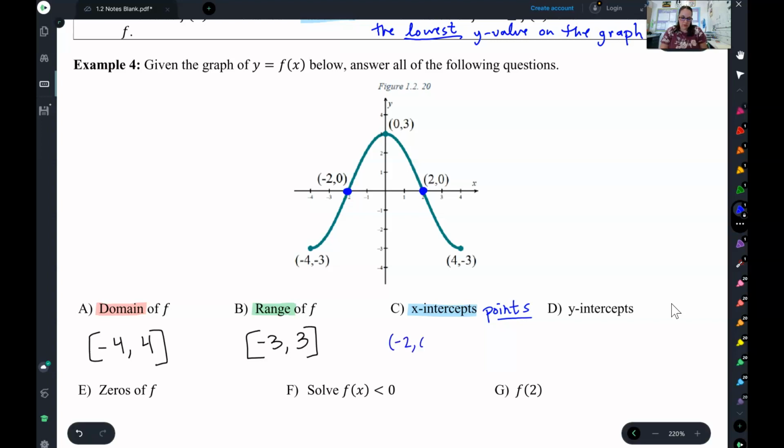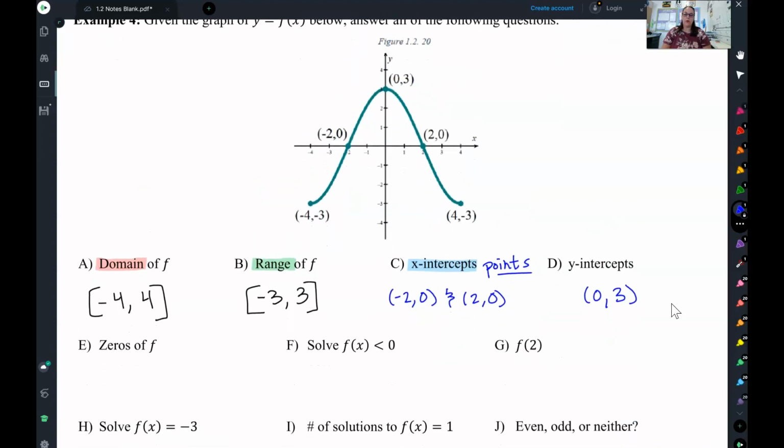So we have one at (-2, 0) and one at (2, 0). Those are my two x-intercept points. Same thing for my y-intercepts. It is intercepting or crossing the y-axis, and it is also always listed as a point. So (0, 3). That's my y-intercept.